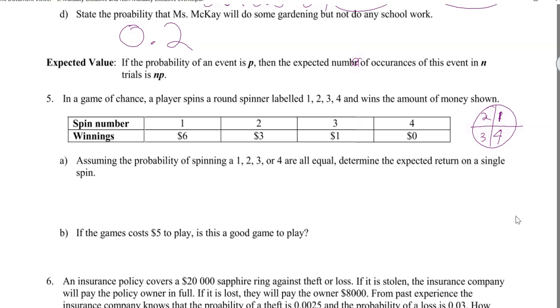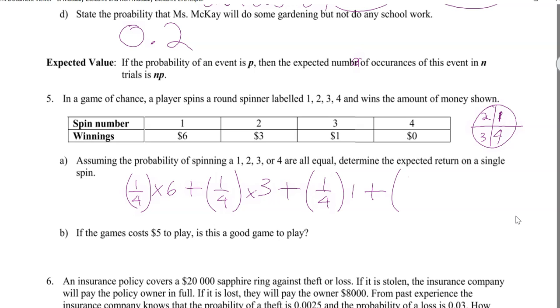Okay, so spin number 1, so the probability of getting a 1 is 1/4. Now, that's not choose, right? That is 1/4 times $6. Or you get a 2, 1/4 times $3. Or you get a 3, 1/4 times $1. Or you get a 4, 1/4 times $0. All right.